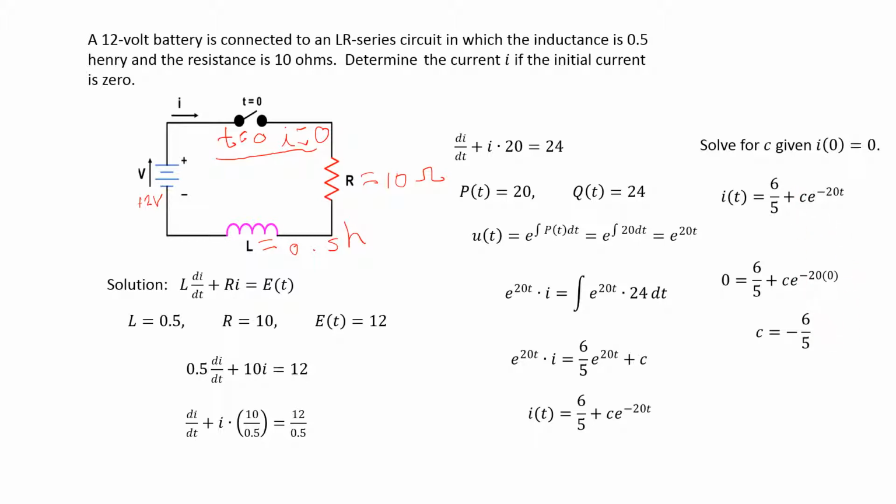So you now have the function: your i of t is given as 6 over 5 minus 6 over 5 e to the negative 20t. That means if you are given t, you can find i, or if you're given i, you can find t.